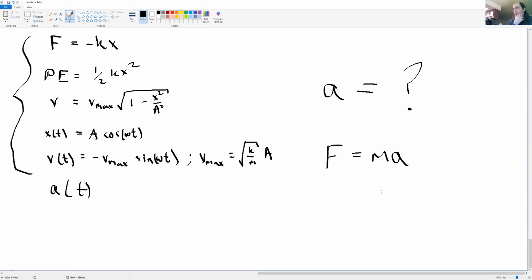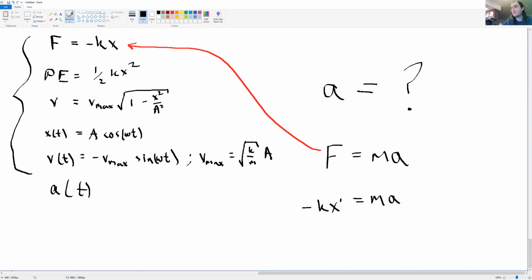But is there a way to write down the acceleration in terms of the force? Well, we do actually know a little bit about the force here. It's minus kx. So we can write minus kx equals ma.